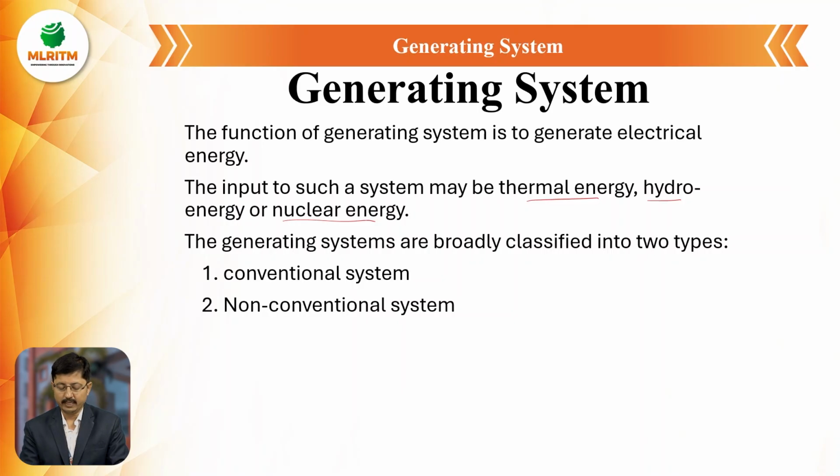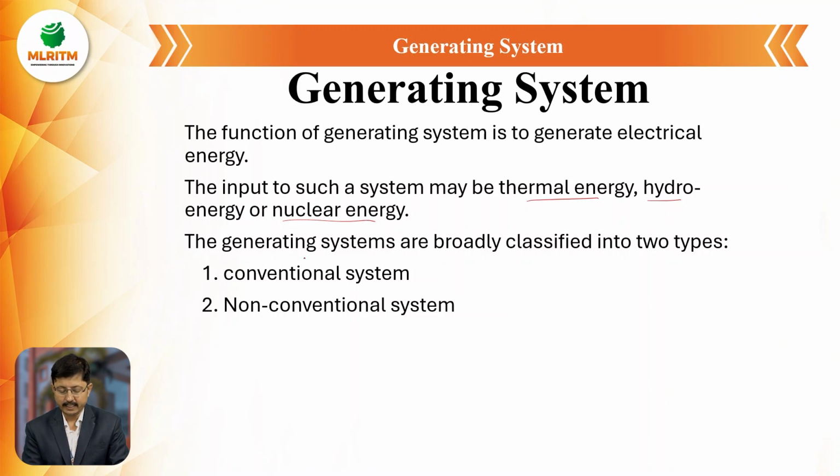With the help of energy sources like thermal energy, that is heat energy, hydro energy and nuclear energy, we can convert these into electrical energy. With the help of power stations, like thermal power stations, hydro power stations and nuclear power stations, we generate the electrical power.